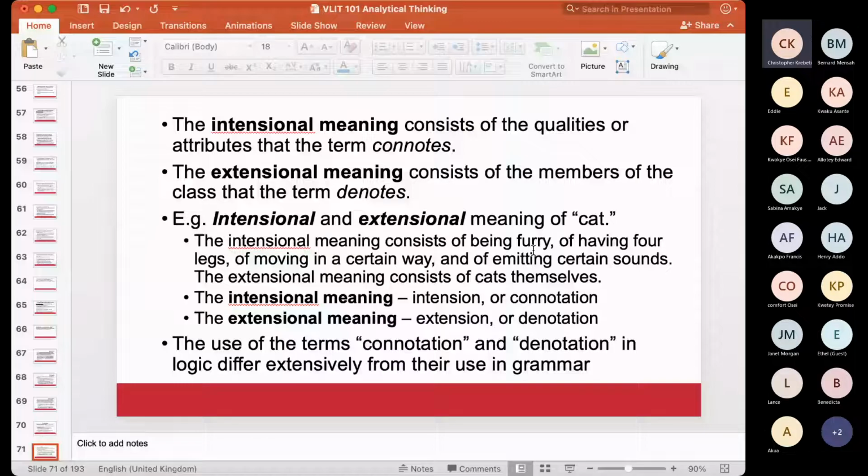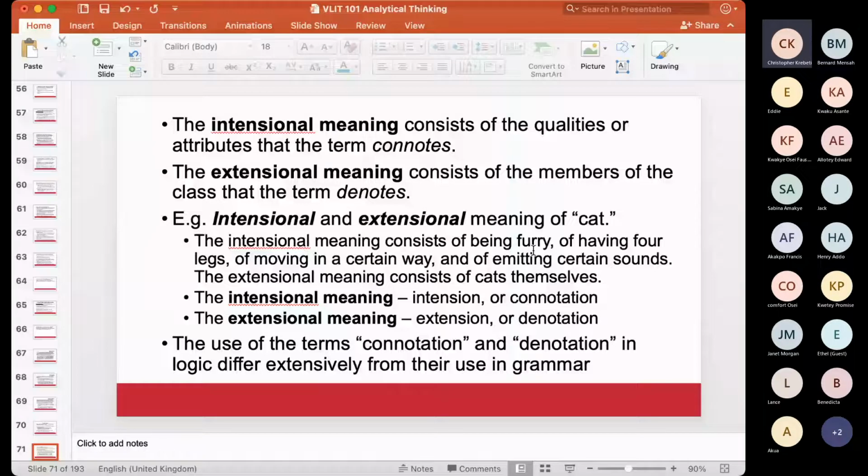And then the extensional meaning consists of the class that the term denotes. The types of cats that are there, you can name all of them. That is the extensional meaning, all the cat class.